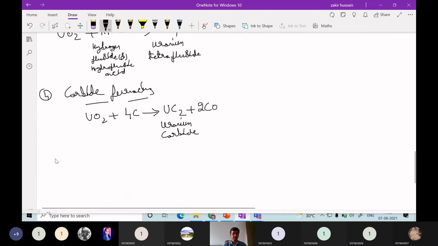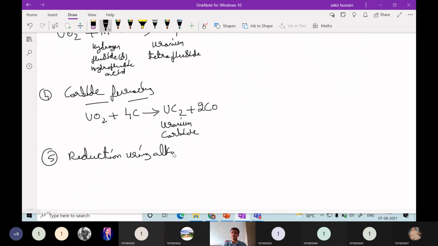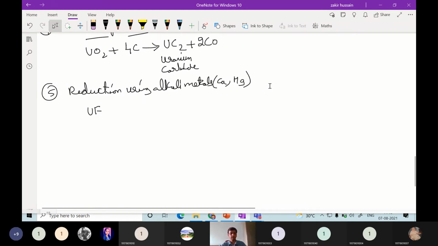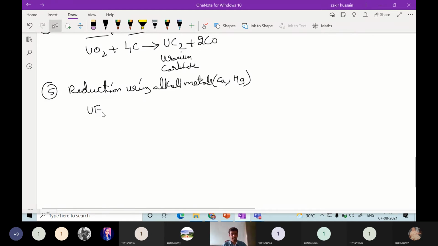So what is this reduction reaction? The fifth one is once again the reduction using alkali metals, like Ca, calcium, or magnesium. UF4 has to undergo a reduction reaction.